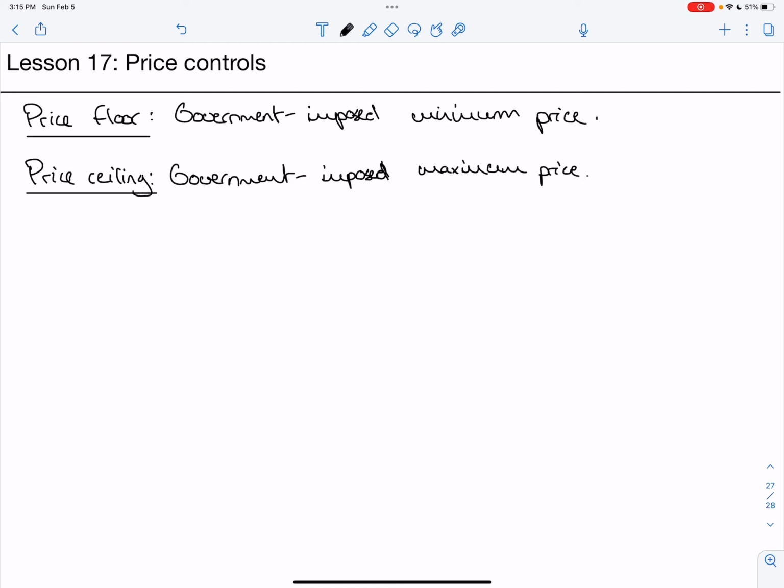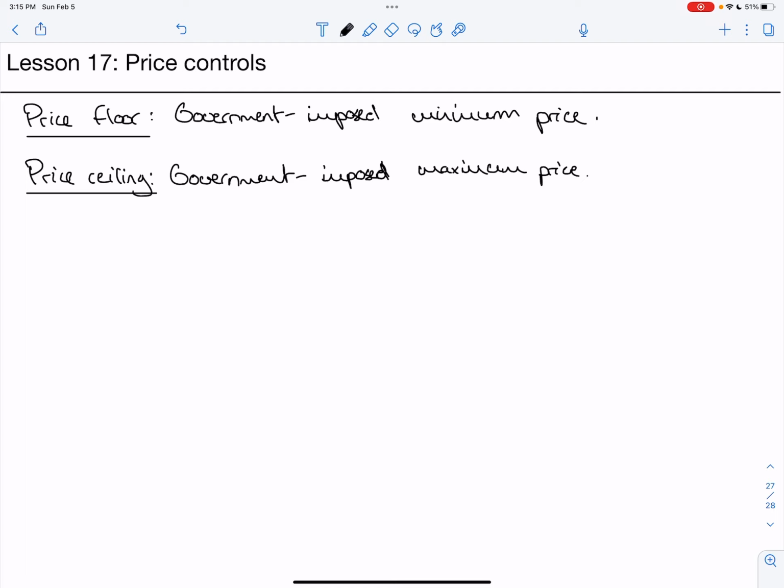So if you remember, we defined a market as simply the exchange of goods or services between producers and consumers, right? Somebody is supplying the good and somebody is purchasing or consuming the good, all right? So there's an exchange.